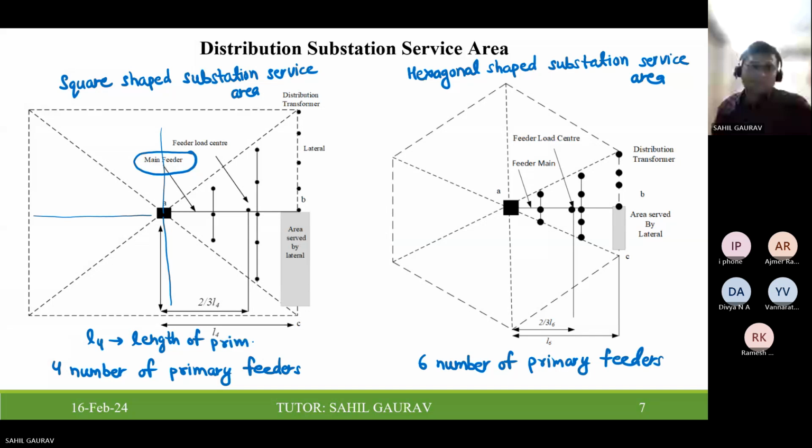If you understand all the terms we are using here, then you can clearly understand the expression and you can solve the problem easily. And in this L6 denotes the length of primary feeder in hexagonal shaped substation service area.